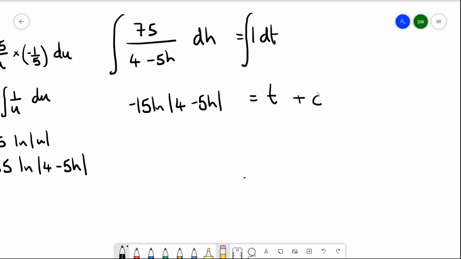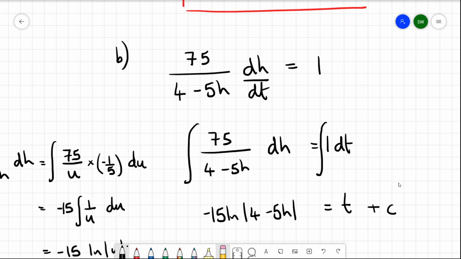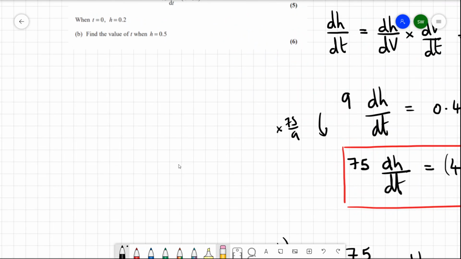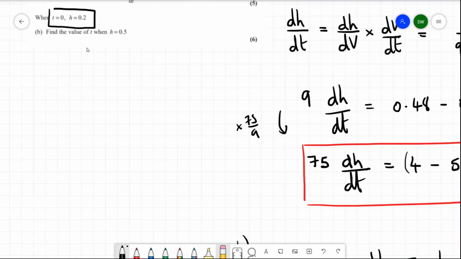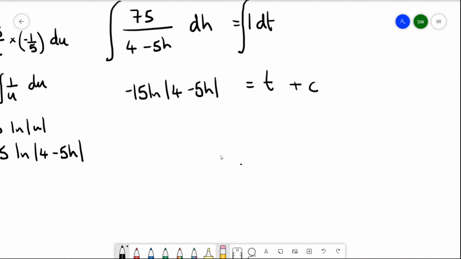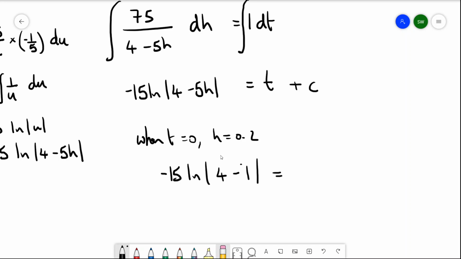So next we need to work out what this value of c is, this constant of integration. And we're going to use the fact that when t equals 0, h is equal to 0.2. So we're going to sub in those values there. So when t equals 0, h equals 0.2. So that tells us that we're going to have minus 15 log of 4 minus 1 equals c.